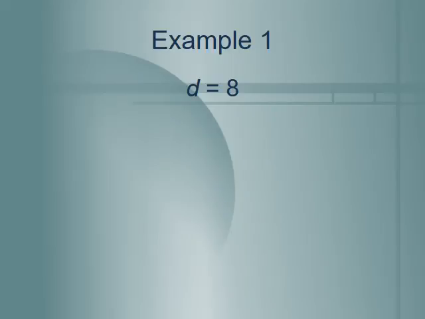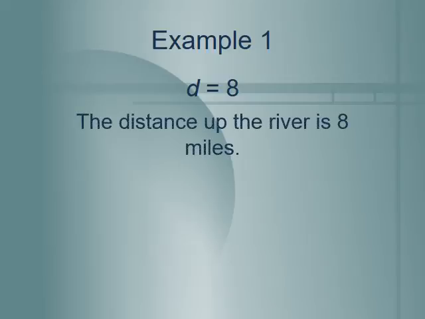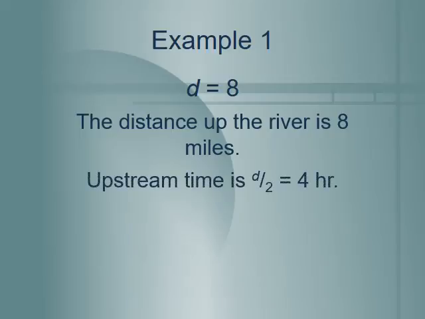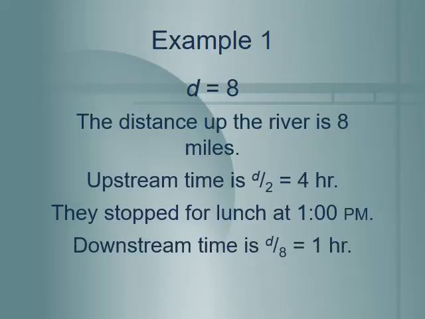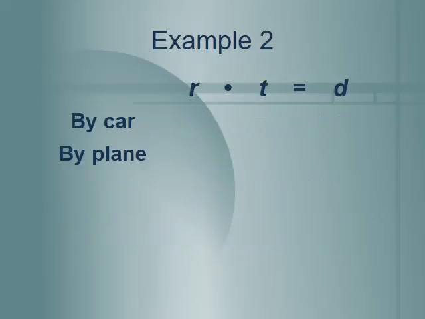And knowing that our distance is 8, then we can decide that that is going to be our distance up the river, and our upstream time is going to be 4 hours because we said our distance is 8, so our time is going to be 4, and so they must have stopped at lunch at 1 o'clock. 9 to 1 is 4 hours. And then downstream, again, we said that d divided by 8 was our time, so 8 divided by 8 is 1 hour.